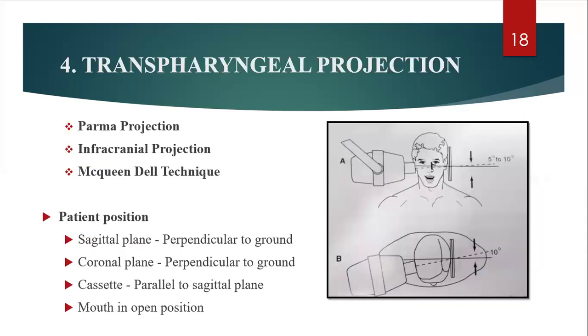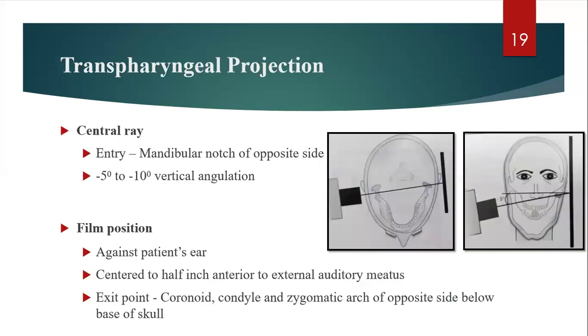Next projection is the transpharyngeal projection. It is also known as Parma projection, infracranial projection, and also McQueen-Dell technique. The patient positioning is with the mid-sagittal plane perpendicular to the ground, and the cassette is placed parallel to the sagittal plane, and the mouth is in an open position.